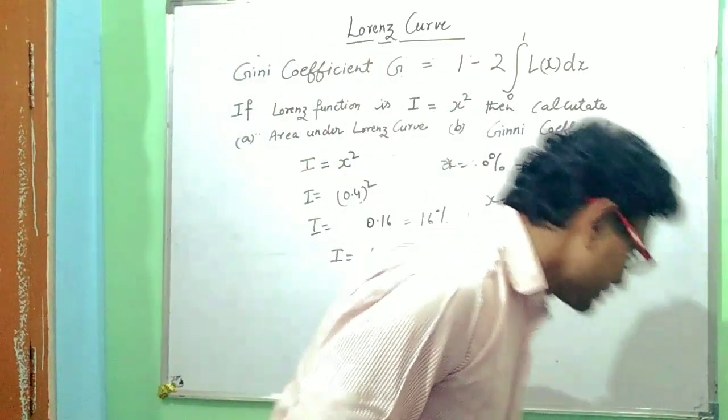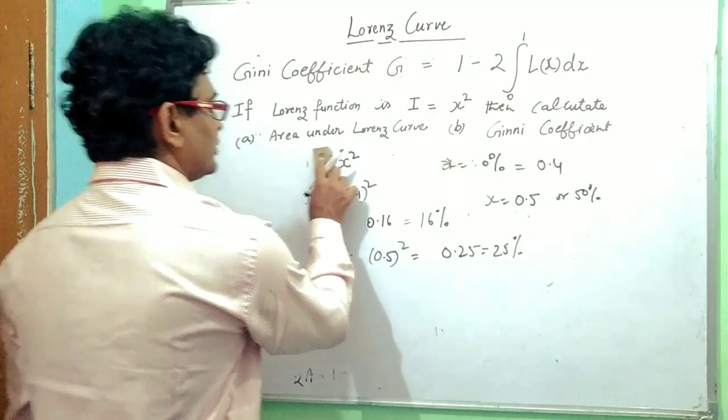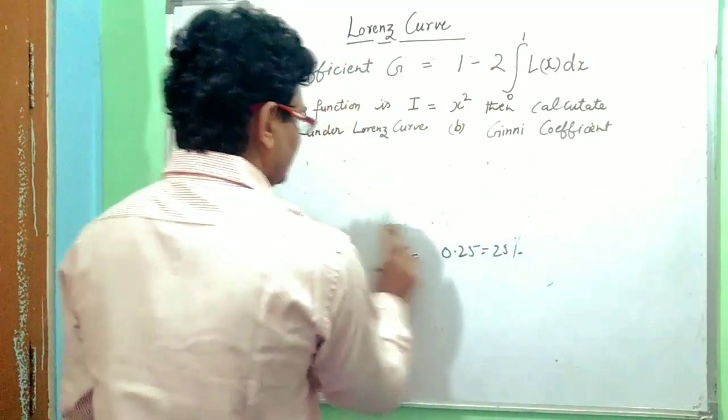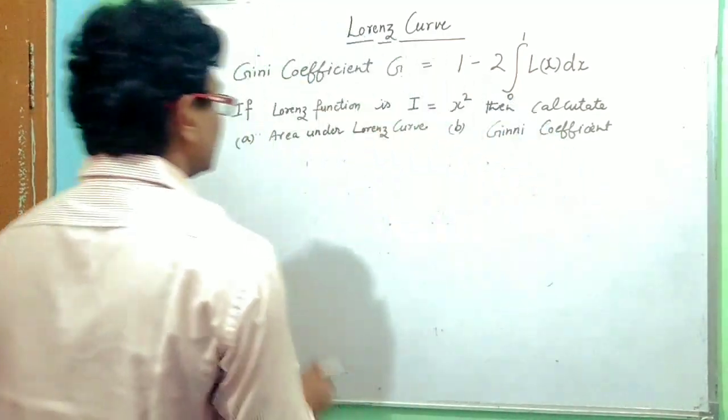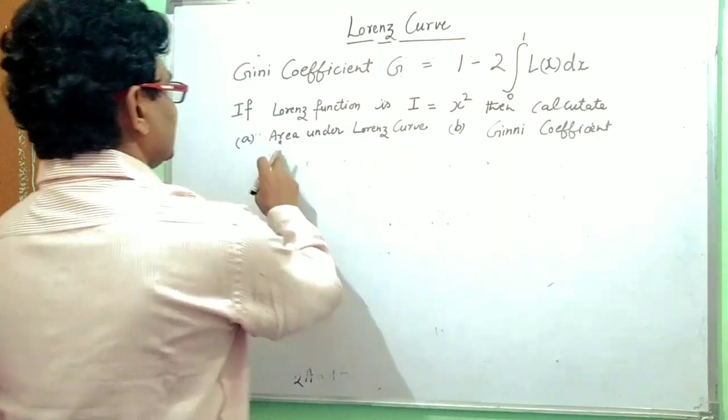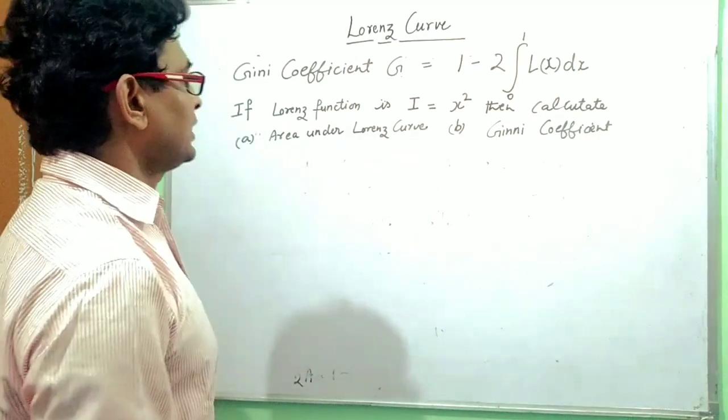Now let us come to our basic problem which we are going to solve. First of all, we have been asked to calculate the area under the Lorenz curve.